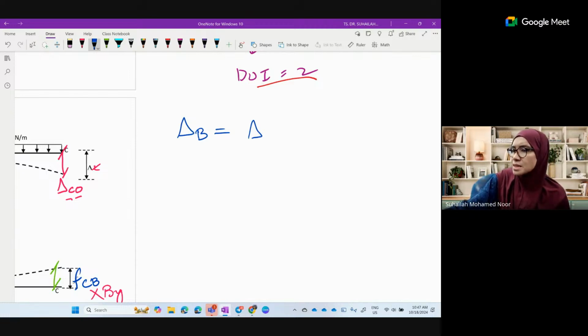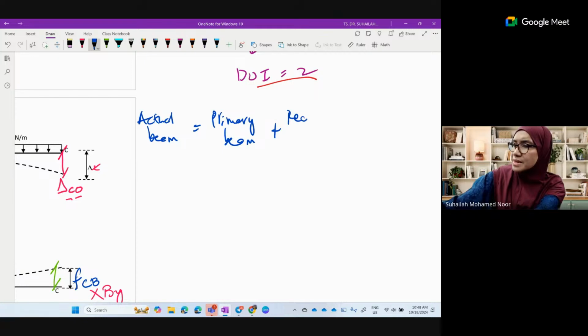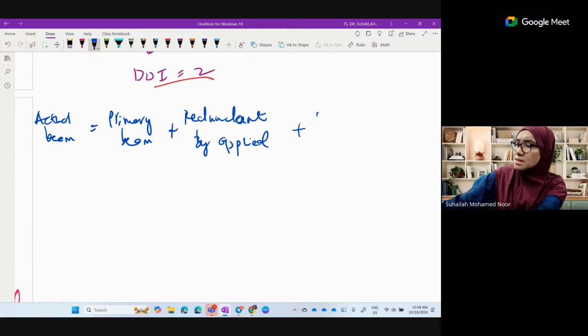Don't forget the general form: the actual beam equals the primary beam plus redundant BY applied plus redundant CY applied.